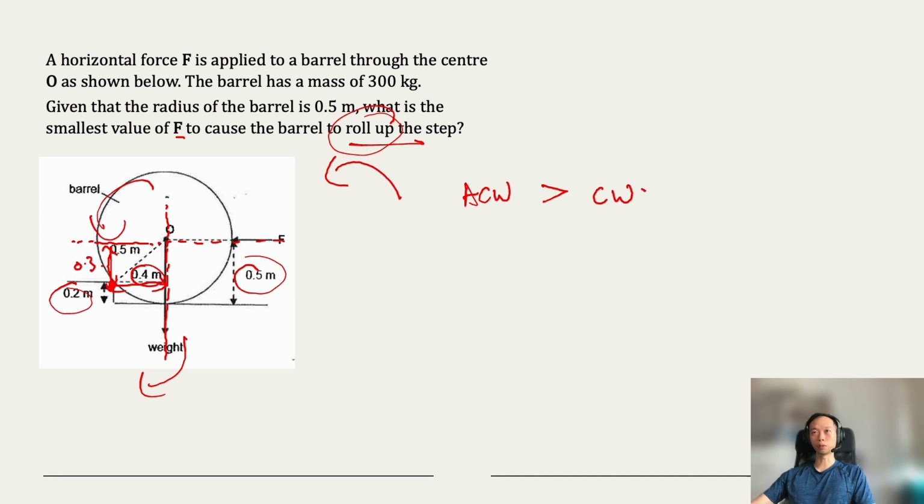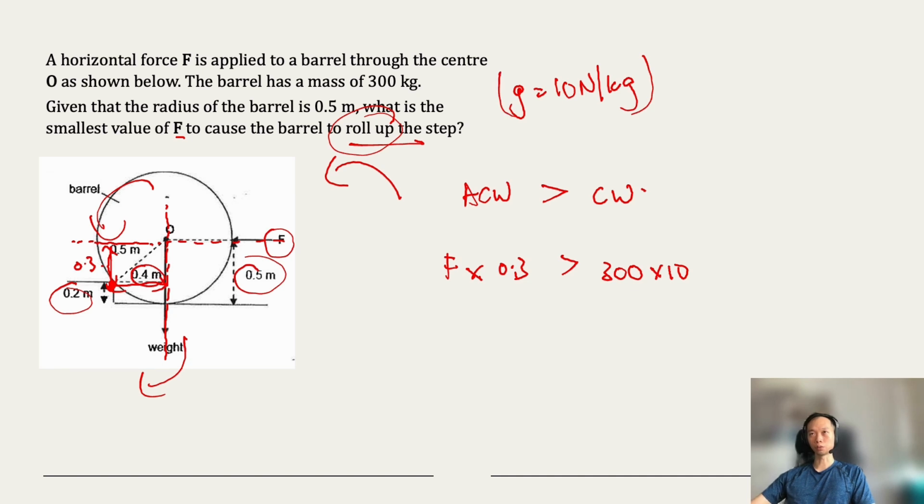Okay, so now that we've written this out, we can just put in the calculations. So that anti-clockwise moments would come from this force F, which we can calculate by taking F multiplied by 0.3. And this has to be greater than the clockwise moments due to the weight. The weight would be 300 kgs multiplied by 10. Remember, you're supposed to know g equals 10 newton per kilogram, right?